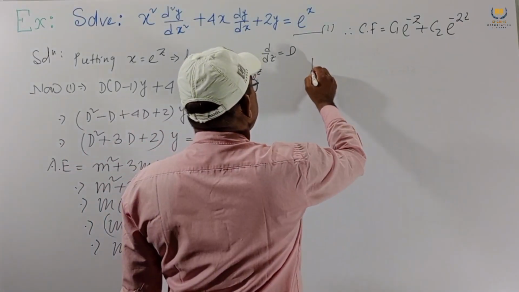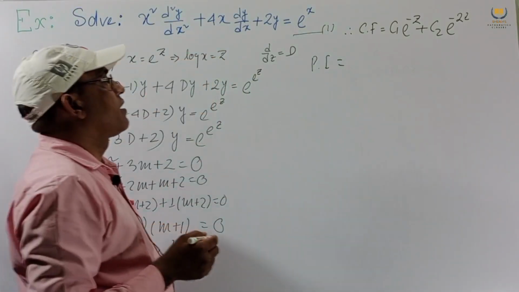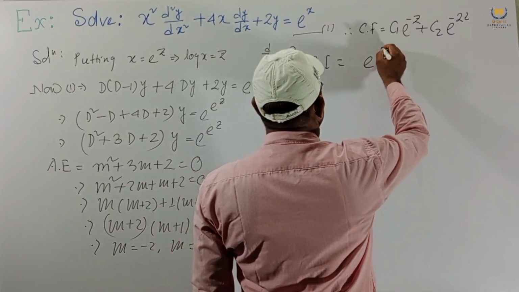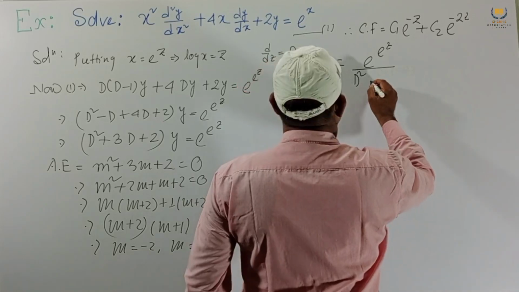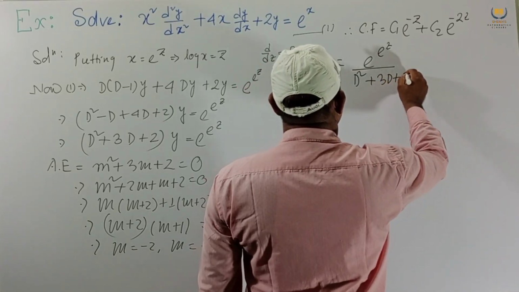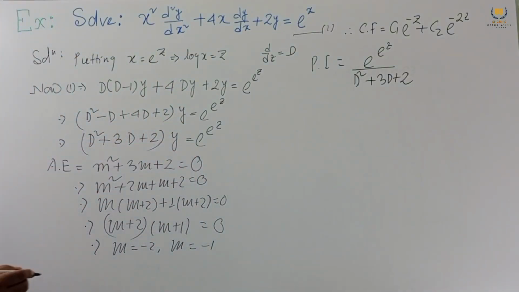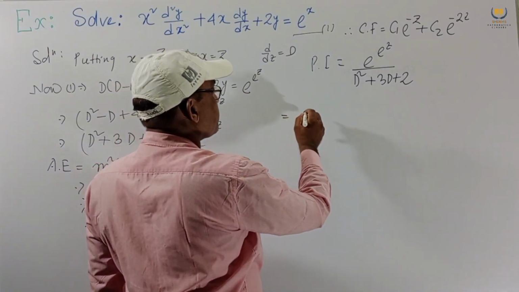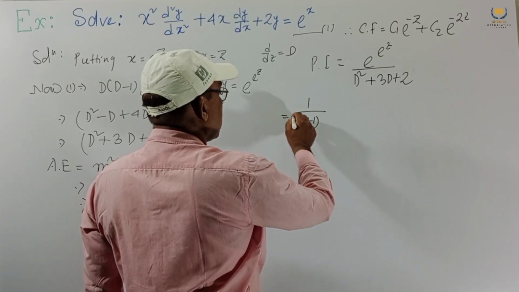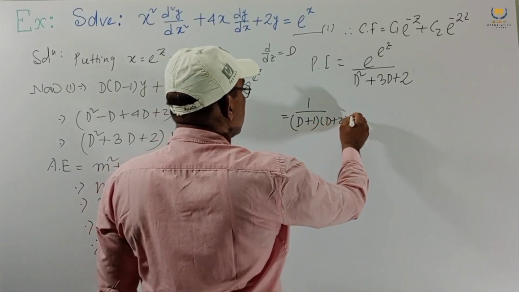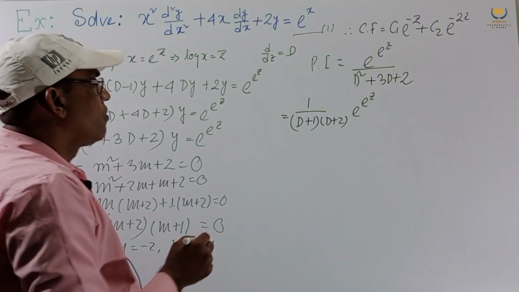Next we find particular integral, because roots are unequal. Unequal means we write in this way. Particular integral is eᶻ divided by (D² + 3D + 2), right hand side divided by this. Now this will be 1/((D + 1)(D + 2)) eᶻ.